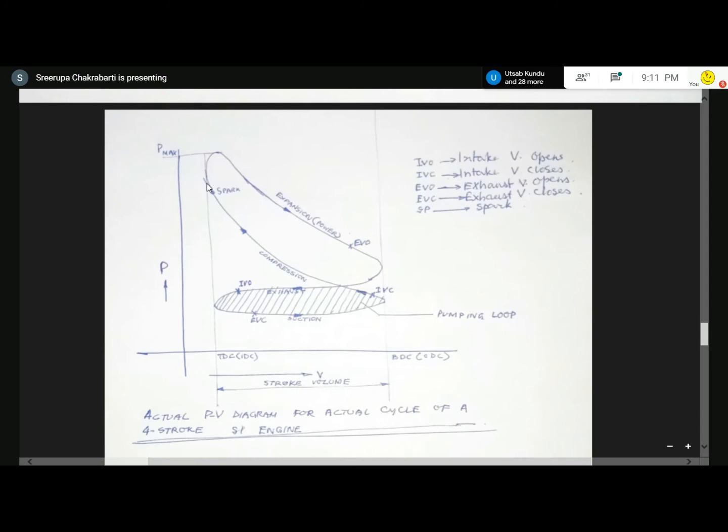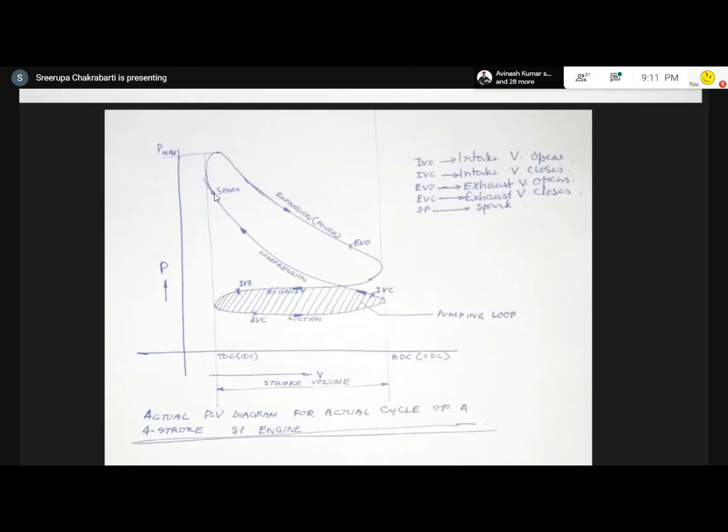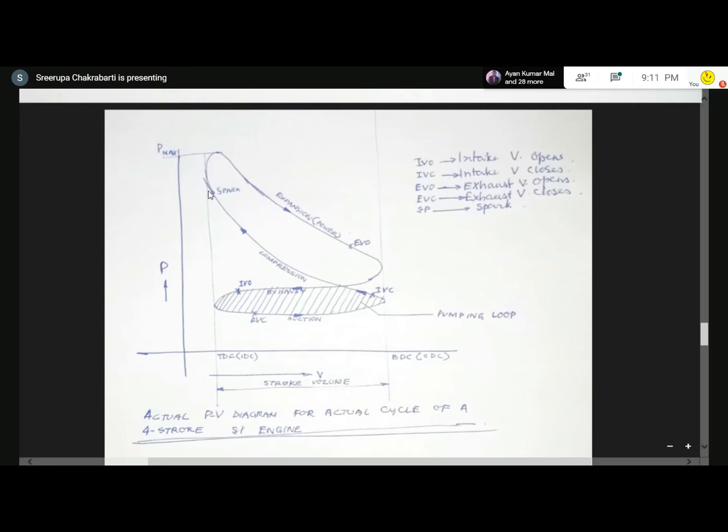But actually, there is a spark that occurs in a spark ignition engine, and we allow this spark to occur slightly before the top dead center. Why? Because after the spark occurs, you have to burn the fuel. But the fuel will not start its ignition and burning automatically.